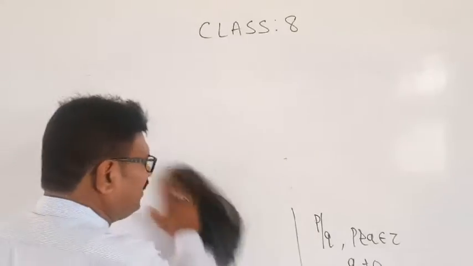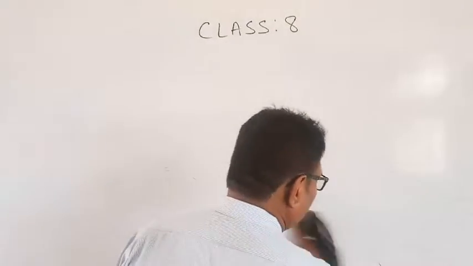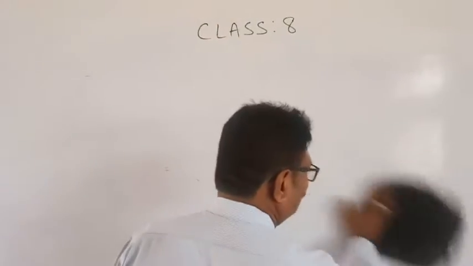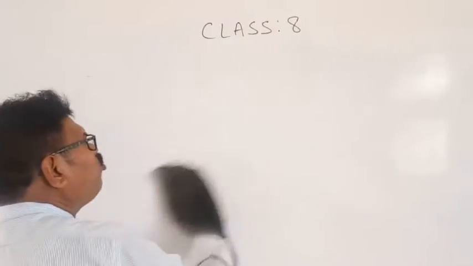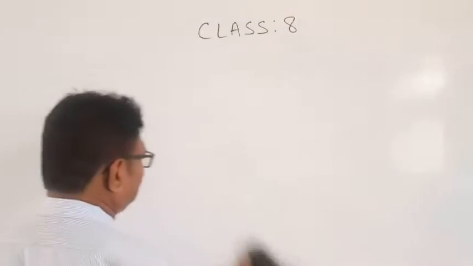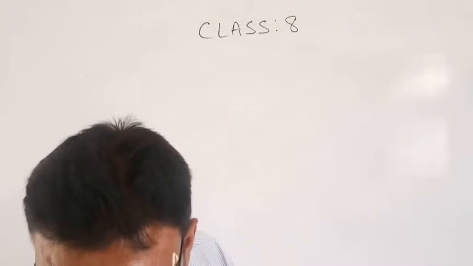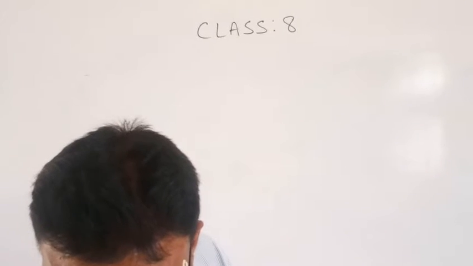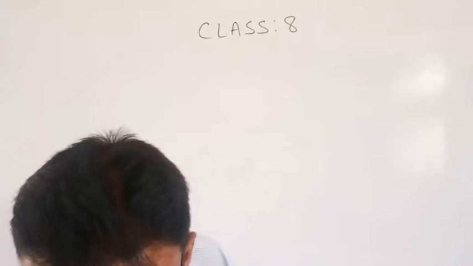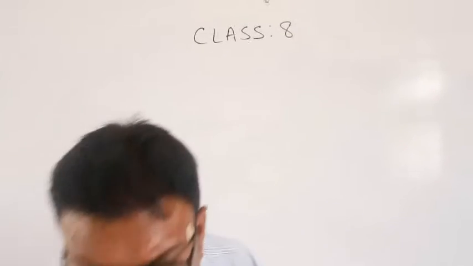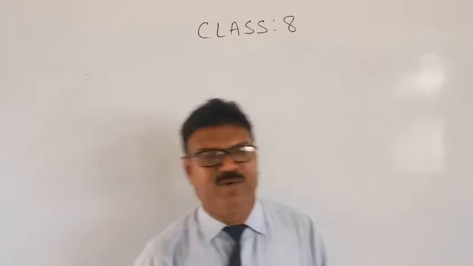Okay. Now very simple. After this, we should know another two concepts. The first concept is the number line, how to represent the numbers on the number line and how to get the numbers in between two numbers. Very simple.